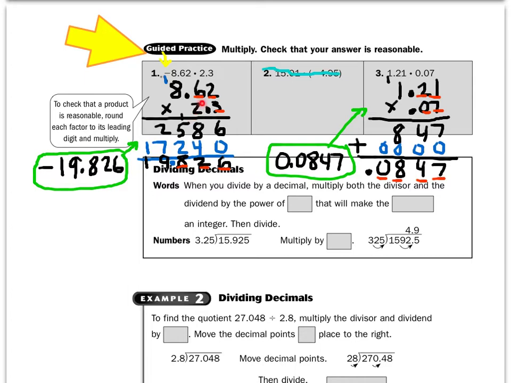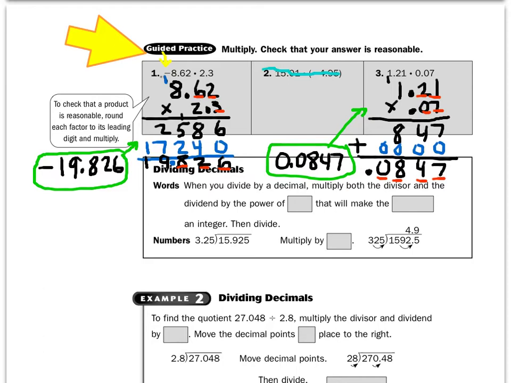And then to get ready to multiply the 2, I have to put that 0 there as a placeholder, and then I multiply. 2 times 2 is 4. 2 times 6 is 12, and I carry the 1. 2 times 8 is 16, plus 1 is 17. And then I add them up. 6 plus 0 is 6, 8 plus 4 is 12, and I carried the 1. 1 plus 5 plus 2 is 8, and then 2 plus 7 is 9, and I bring down the 1.